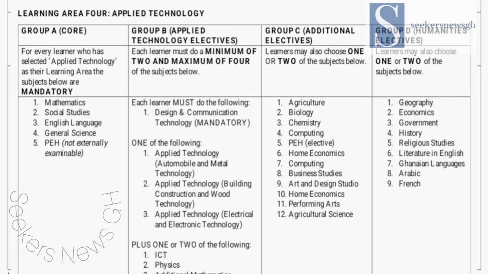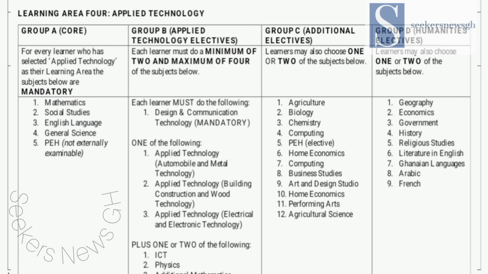You would have said the next program, but this is a learning area now. So yes, the 4 main core, the person will do them. Then each learner must do a minimum of 2 and a maximum of 4 in category B. Each learner must do design and communication technology, which is mandatory for all learners.